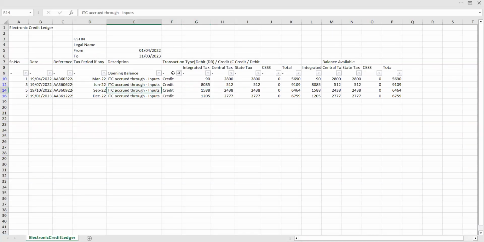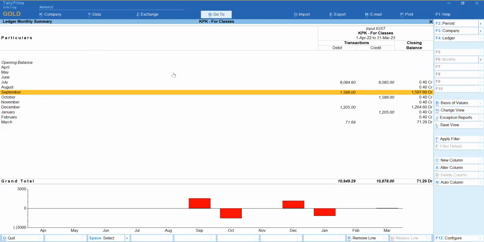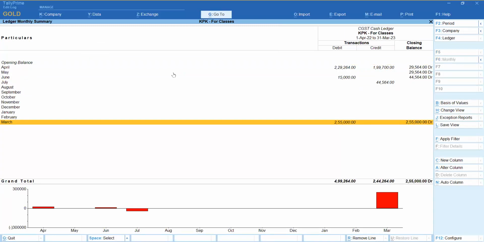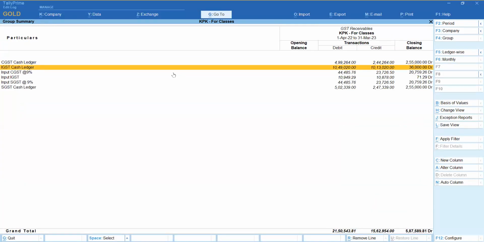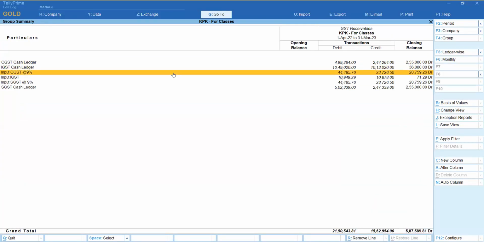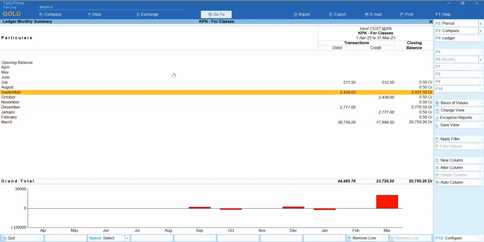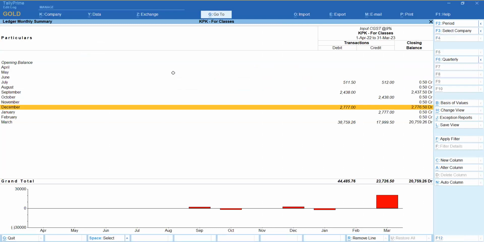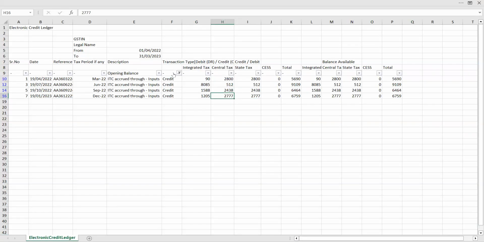Same way, September 22: 1588, 2438, 2438. You see, this is the IGST 1588. I have taken 1588 and CGST, SGST 2438, and 2777, 2777.